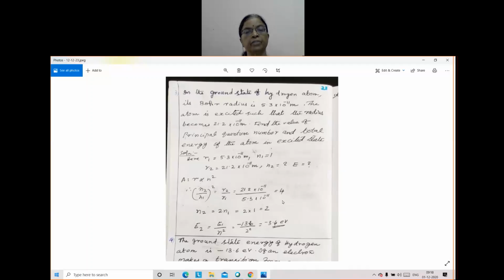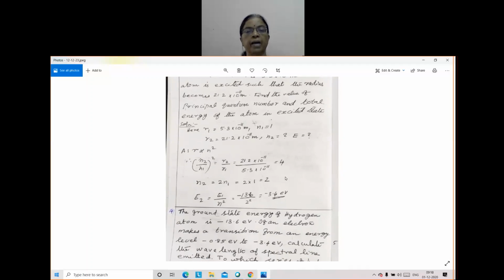So you just write the values and from that you can find out n2. This is n2 by n1 whole square is 4. So what is n2 by n1? 2. So what is n2? 2 n1, that's equal to 2 into 1, n1 is 1, so 2. So n2 we got, it is the first excited state.